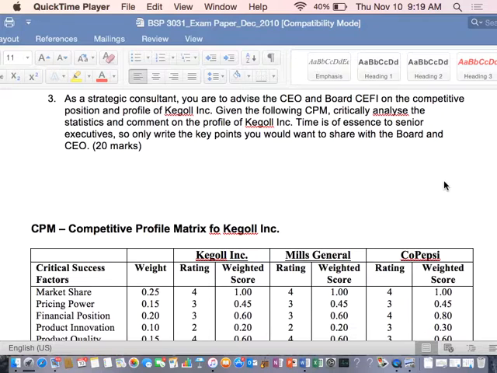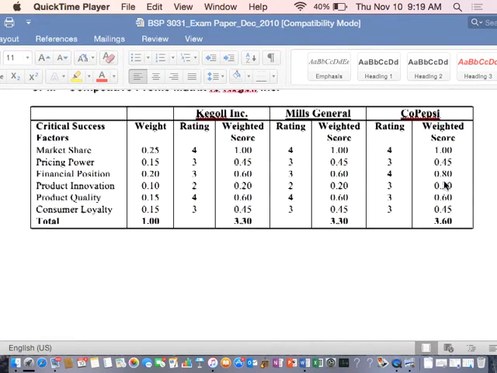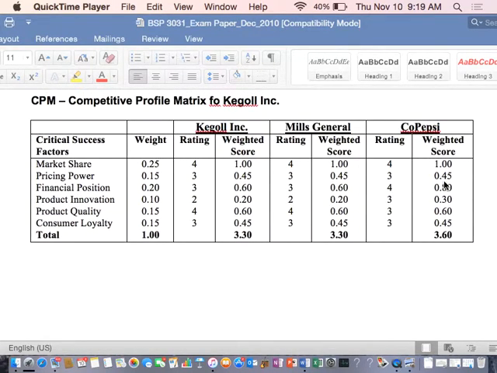So as you analyze a matrix, look at how you could also make recommendations. Just quickly, tell me what stands out in this CPM for Keygol Inc. One male, one female.